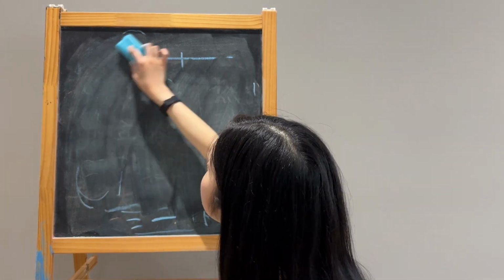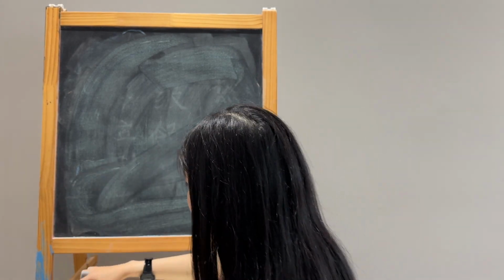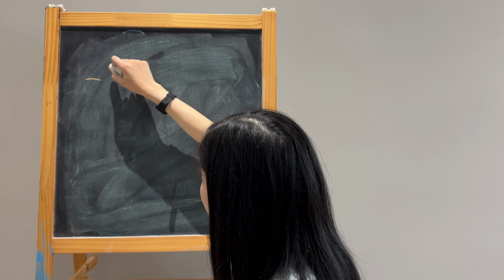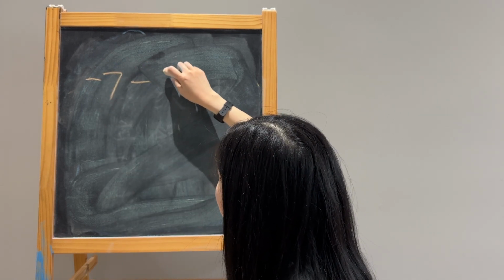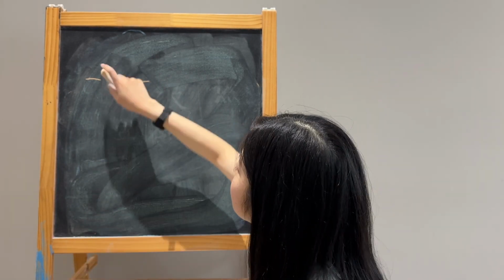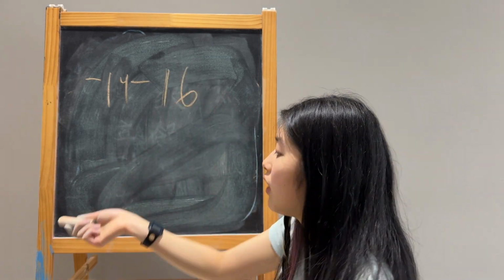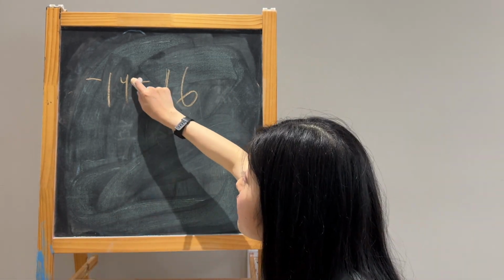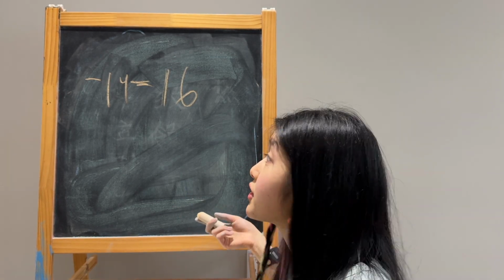Let's do a few more problems. Negative 14, negative 16. Okay, so when you see a negative sign, you don't have to do too much to it, considering the opposite thing I mentioned earlier.